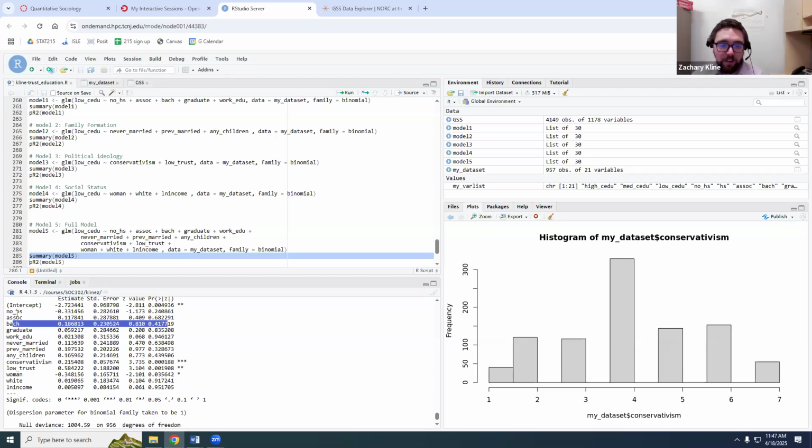And what our findings here are telling us is that we don't really find any evidence for that to be true. In fact, it seems that those with a bachelor's degree, after we account for these other factors, may even be a little bit more likely. Now, we can't be confident that they're any different from those with a high school degree, but it certainly is the case that we didn't find any evidence that ignorance is the only reason driving confidence in education.